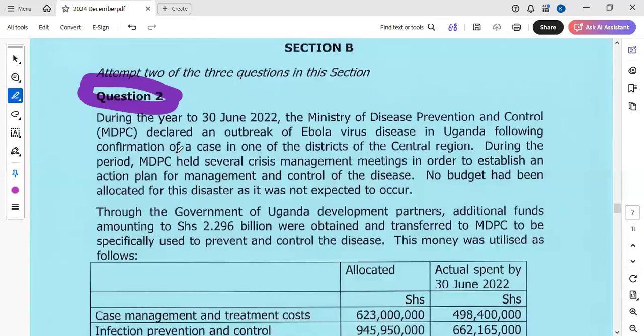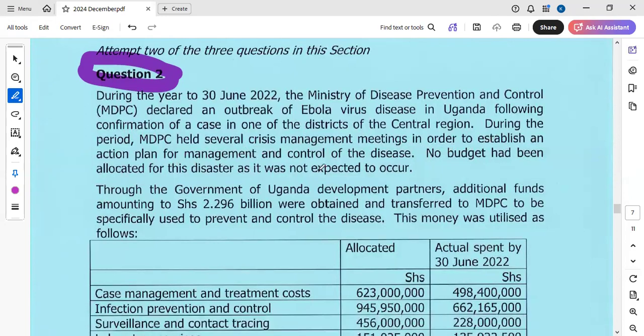During the period, MDPC held several crisis management meetings in order to establish an action plan for management and control of the disease. No budget had been allocated for this disaster as it was not expected to occur.